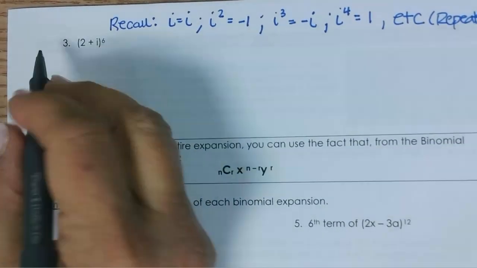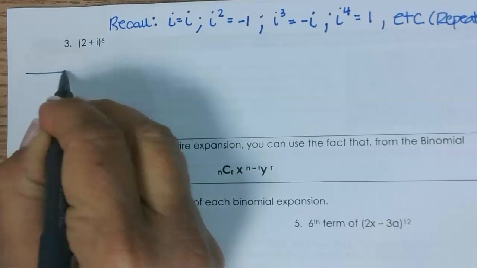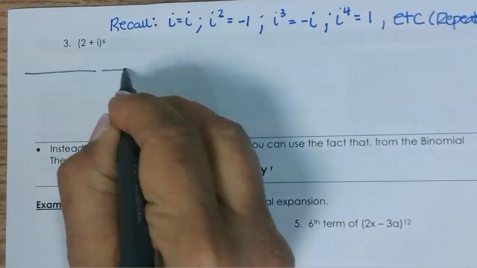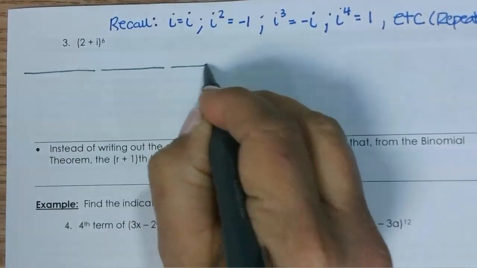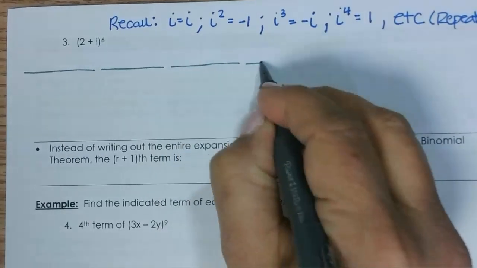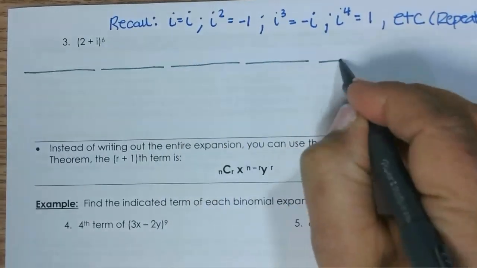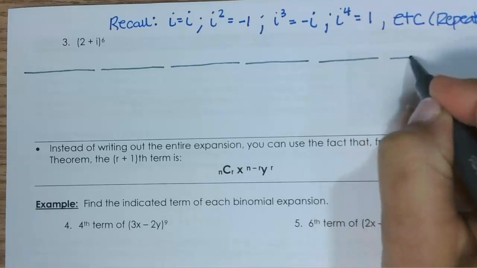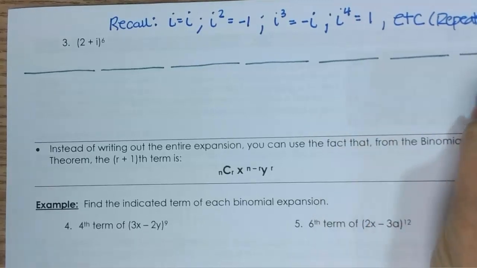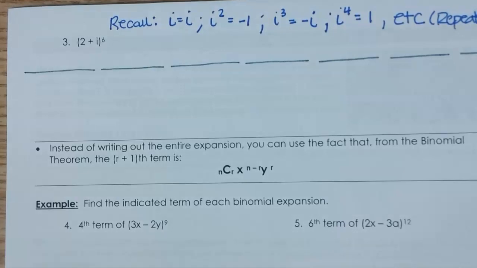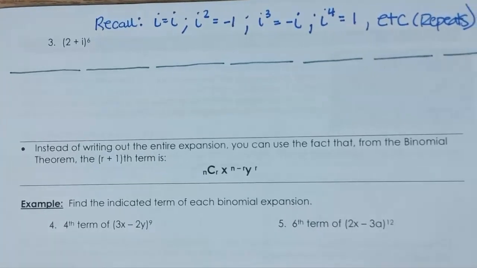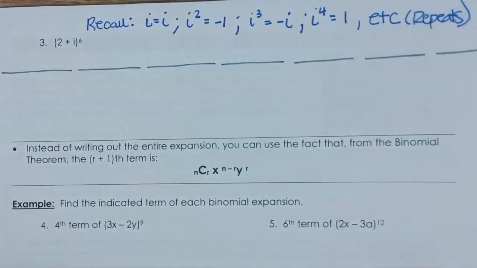So one thing we could do is write 7 little lines. Maybe I made some too big, my bad. But 7 little lines that are going to represent each term.